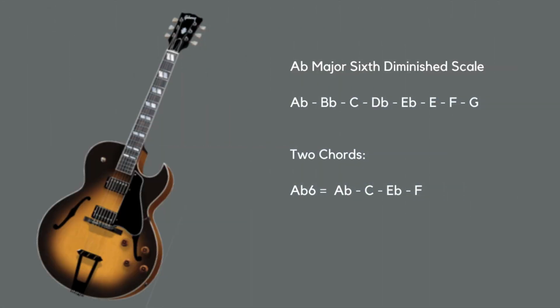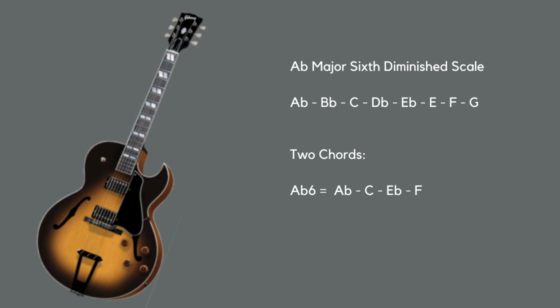Okay, we're up and running, and as we've mentioned in previous discussions, the beauty of this major 6th diminished scale is that it only produces two chords. It produces different inversions of these chords, but there's only two chords.